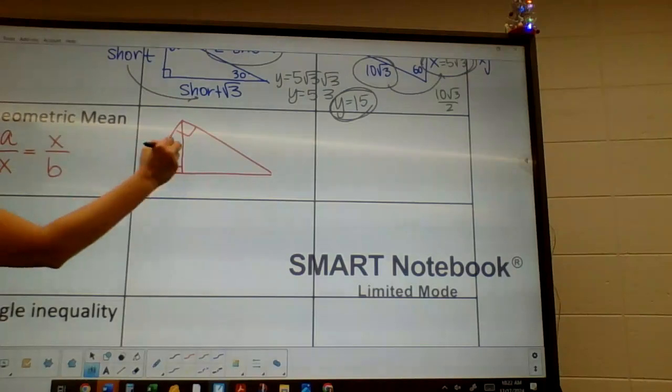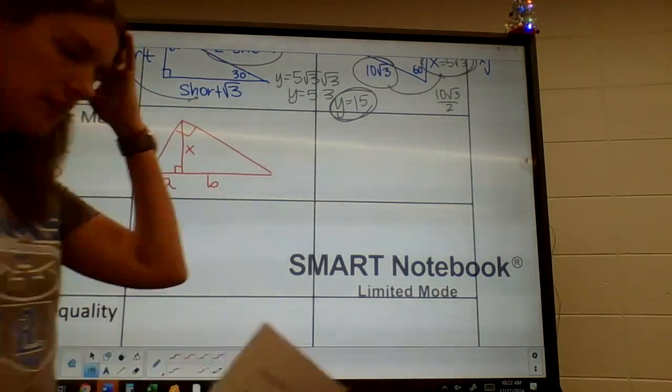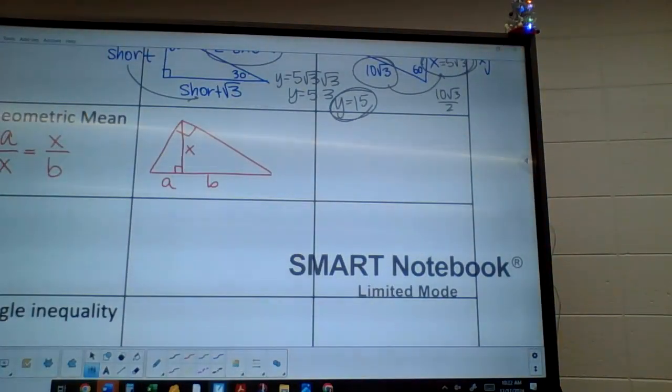And this was a while back now, so we haven't really done this quite as much. The most straightforward geometric mean problem would be like this one, where I would look for the x and I know a and b.